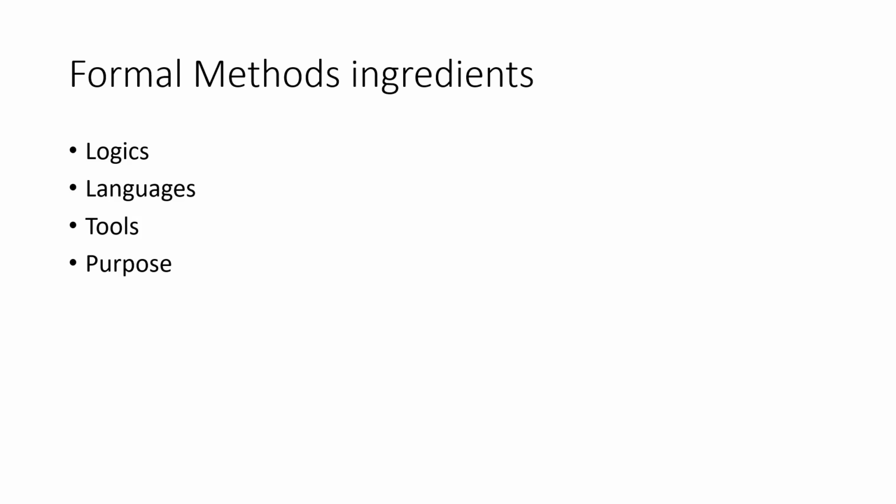So the languages are always the important ingredient. If the language is maybe too complicated, or if the language doesn't allow you to express the problem that you have, then you can probably forget about this particular method because you can't really apply it, or it's very, very complicated to apply it.